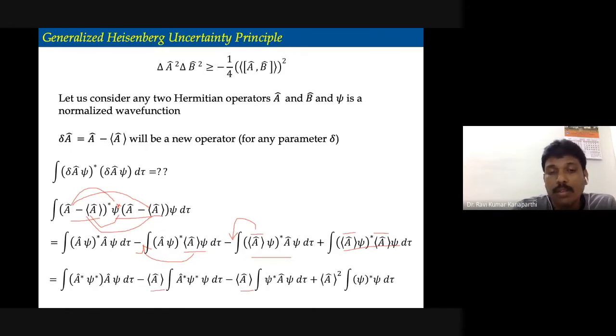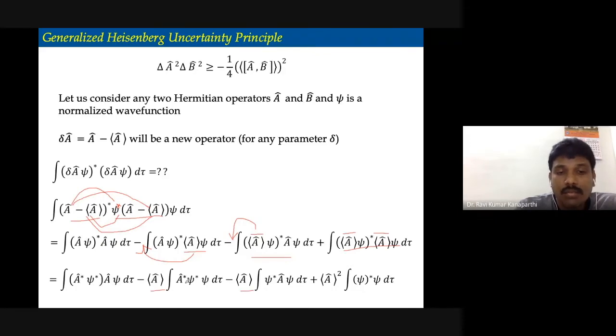Now the third term becomes the expectation value of A multiplied by the integral of psi star A psi d tau, plus, since there are two expectation values of A, those you can square, times the integral of psi star psi d tau.